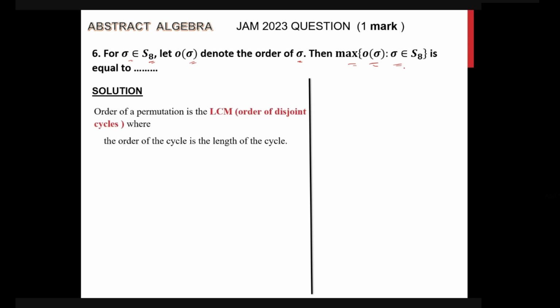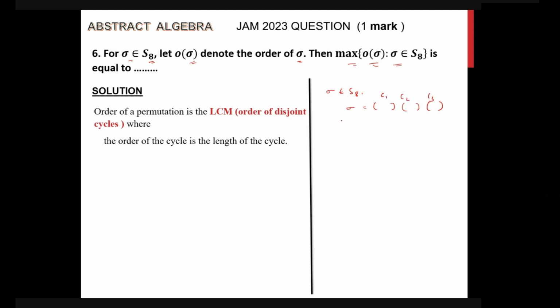We know that the order of a permutation is the LCM of the orders of the disjoint cycles of that permutation. That means if you have a sigma belonging to S8, this sigma can be written as a product of disjoint cycles, cycle 1, cycle 2, cycle 3.